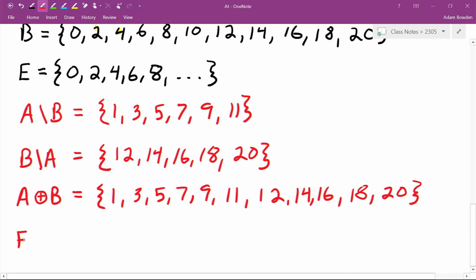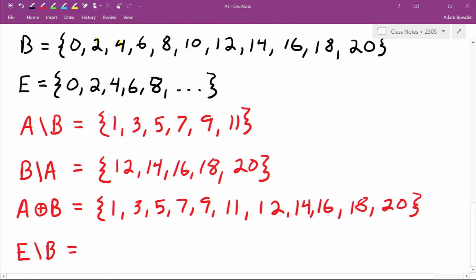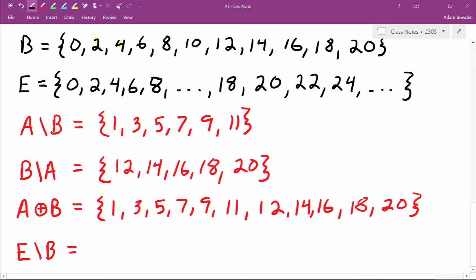Next, we're going to do E relative complement with B. That means we take everything in E and take away the numbers from E that are also in B. If we look at the numbers in B, they're all the even numbers up to 20. Keep in mind that E keeps going, with numbers up to 18, and then 20, and then 22, and then 24, and it just keeps on going from there.